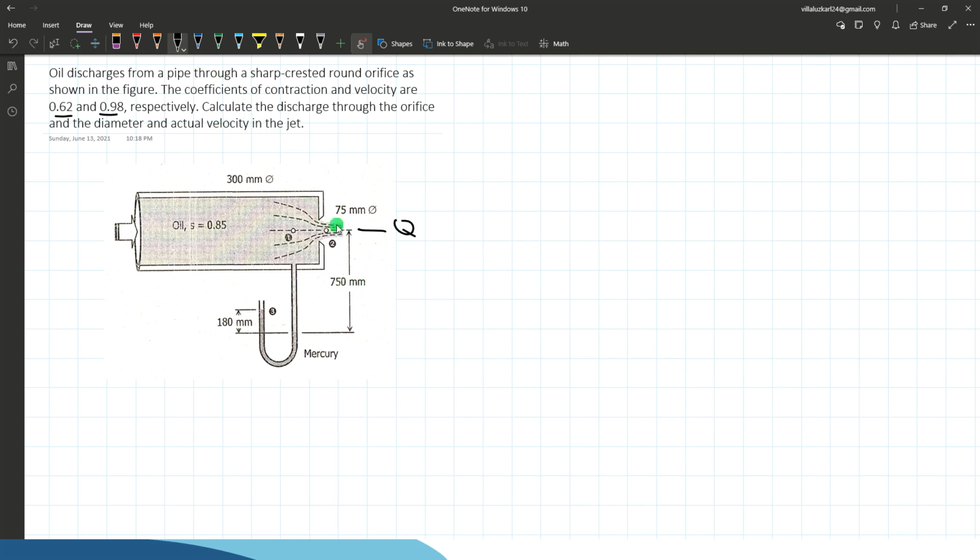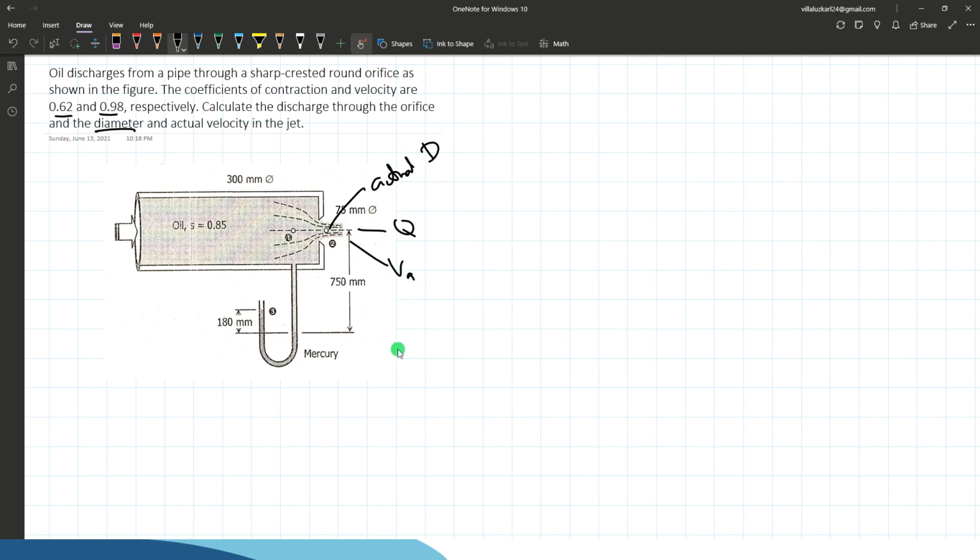So we are required to determine the discharge on the orifice, the diameter, referring to the actual diameter of the orifice, and the actual velocity in the jet.